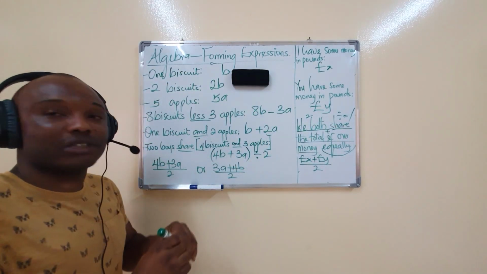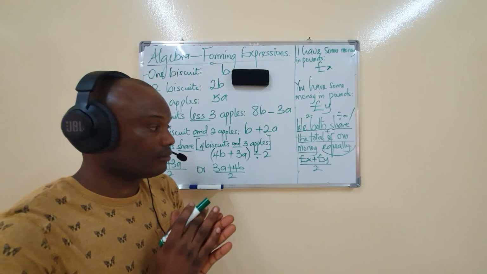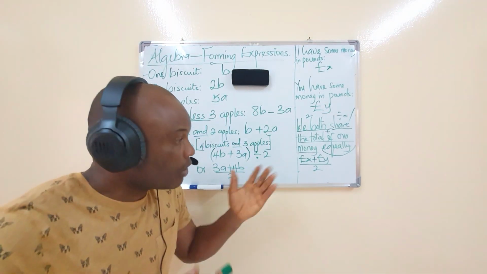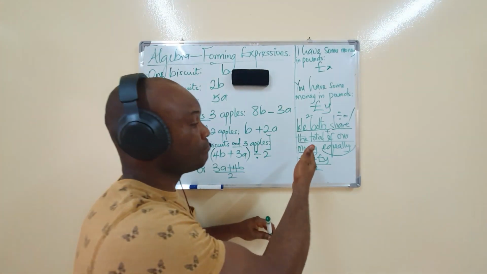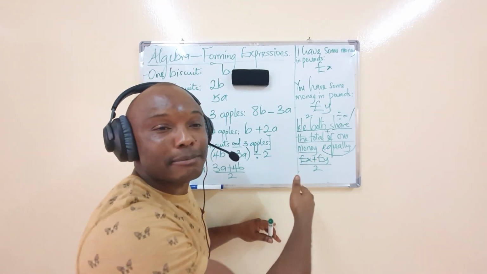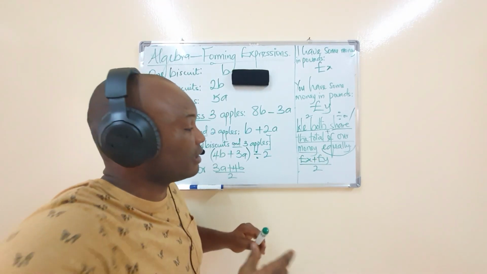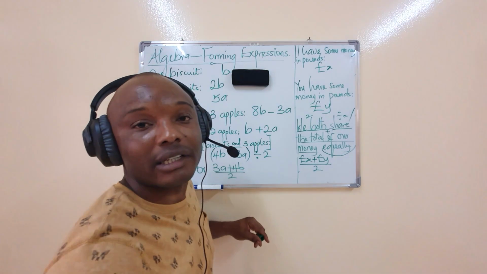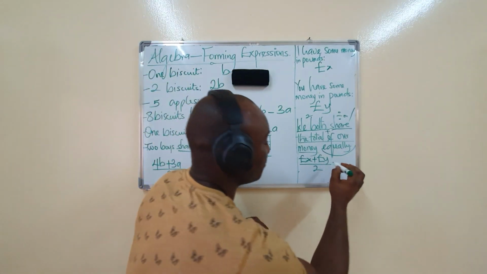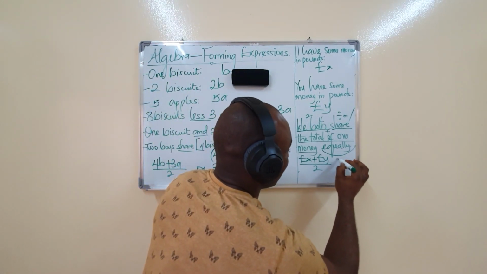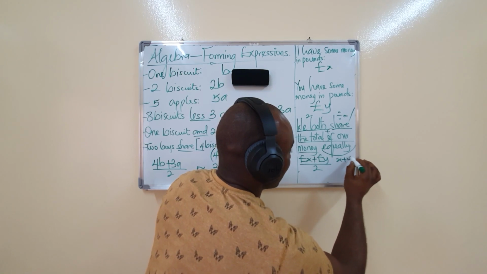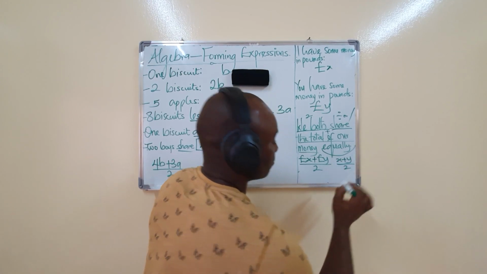This is a good way to represent that. We are sharing it equally. Otherwise, you can also do something. Since both amounts of money are expressed in exactly the same currency, we can remove the currency in the expression we are forming and simply write it as X plus Y divided by 2.